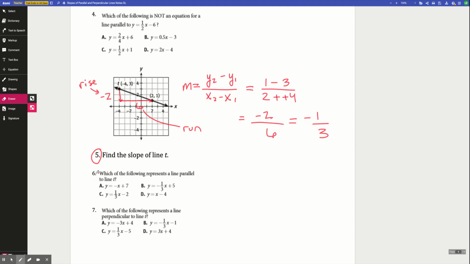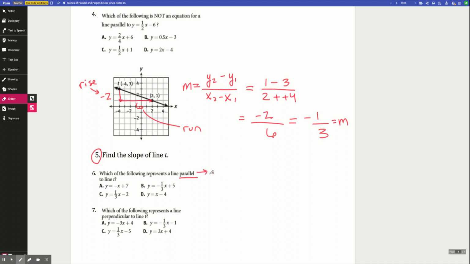All right. So let's take a look at number 6 here. I'm going to do this one as an example, and then I want you to try the other multiple choice questions, okay? So 6 says, which of the following represents a line parallel to line T? Okay, so remember, line T has a slope of negative 1/3.